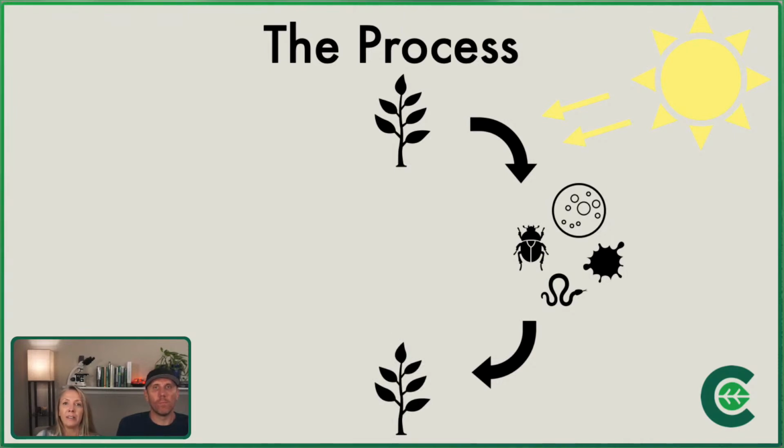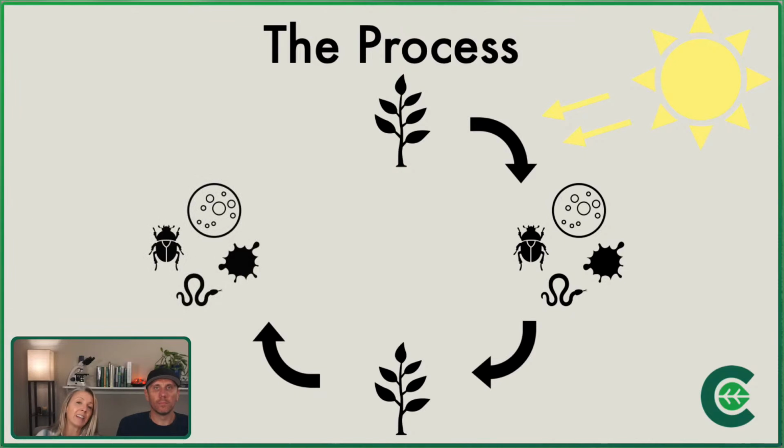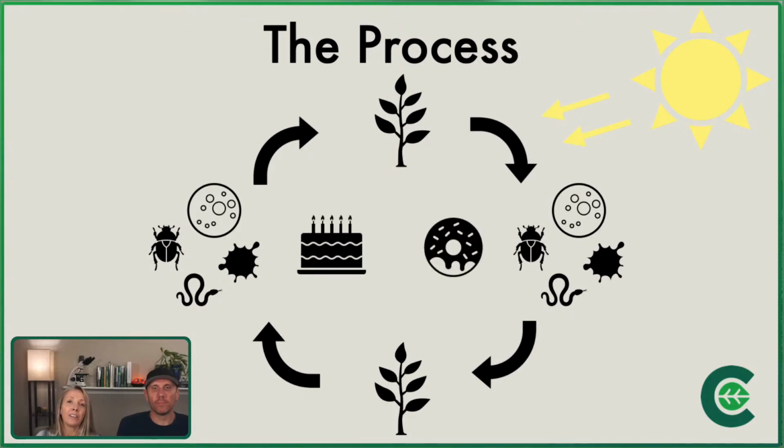Your plant will then bank that energy into what it needs, and then request the next set of nutrients that it needs through those different sugars. And again, the cycle happens again, where they'll bring that food back to the plant, and so on and so forth. And this is what Dr. Elaine speaks about as the cakes and cookies process, where we're feeding each other back and forth in a mutualistic fashion.